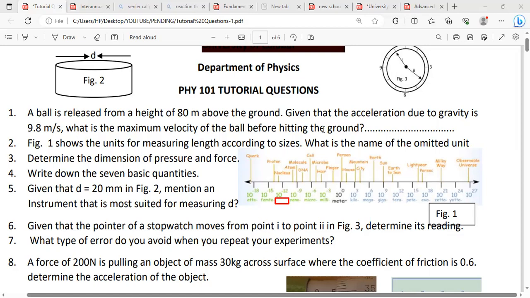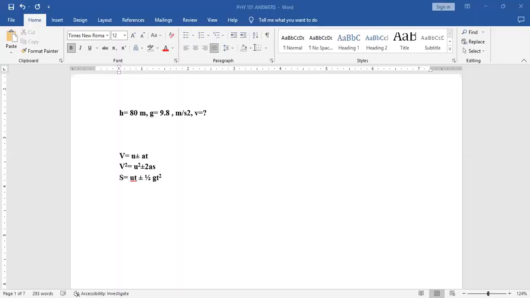For you to be able to solve this very problem, you should be able to memorize the equations of motion. So from the question, we have been given the height to be 80 meters, then acceleration due to gravity to be 9.8 meters per second square, and we are to find the velocity.